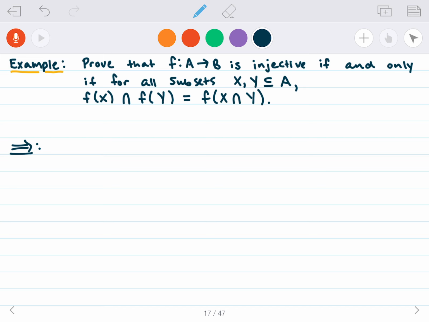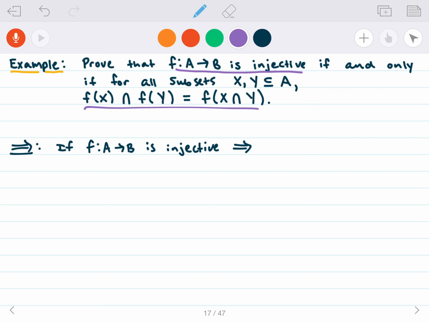What comes before the if and only if? That our function is injective. So that's our premise here. We want to show that if f from A to B is injective, this implies our conclusion that this set equality is true.